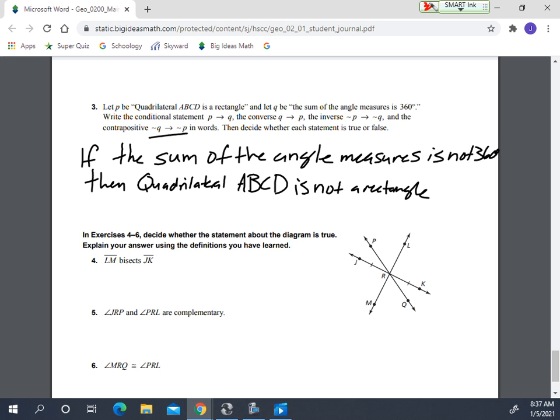That one is actually true. Right? Because if the sum of the angle measures is not 360 degrees, and this is not a rectangle, it can be. Sorry, let me think about this.